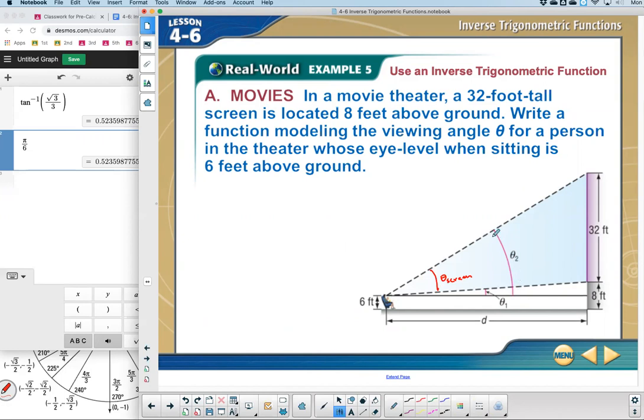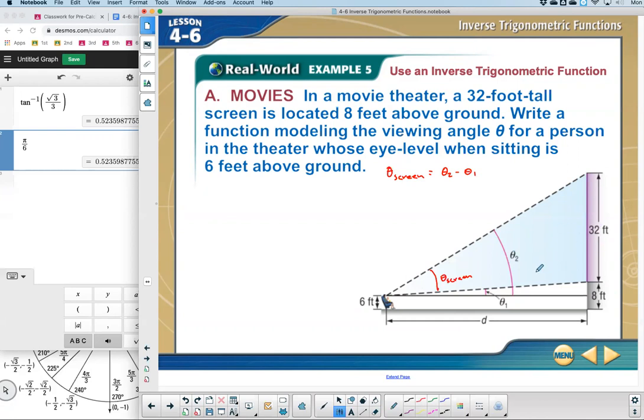Theta 2 stretches the whole viewing, and theta 1 is this little portion. So the theta of the screen mathematically will be this one minus this one. If I take away that little portion there, I'm left with my viewing theta. So I'm going to say it's theta 2 minus theta 1. That's going to be, in theory, the angle that we're viewing the screen.